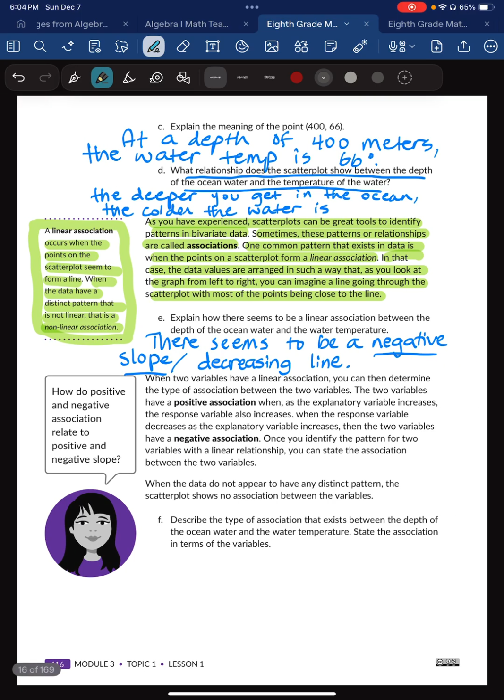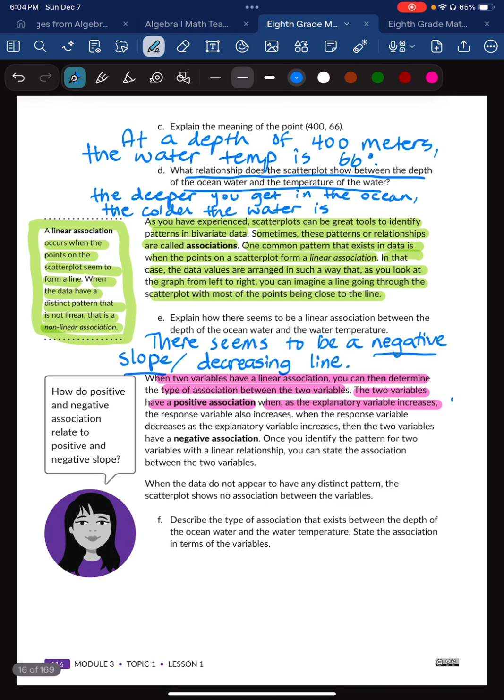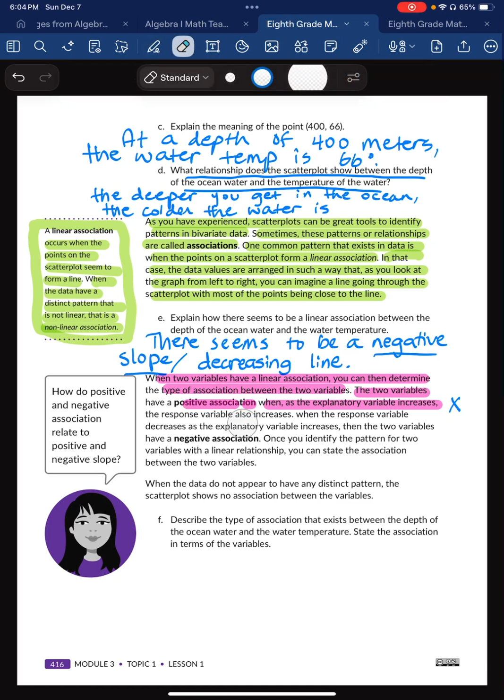Okay, keep going. When two variables have a linear association, you can then determine the type of association between the two variables. The two variables have a positive association when, as the explanatory variable increases, and remember that's our x, the response variable also increases.